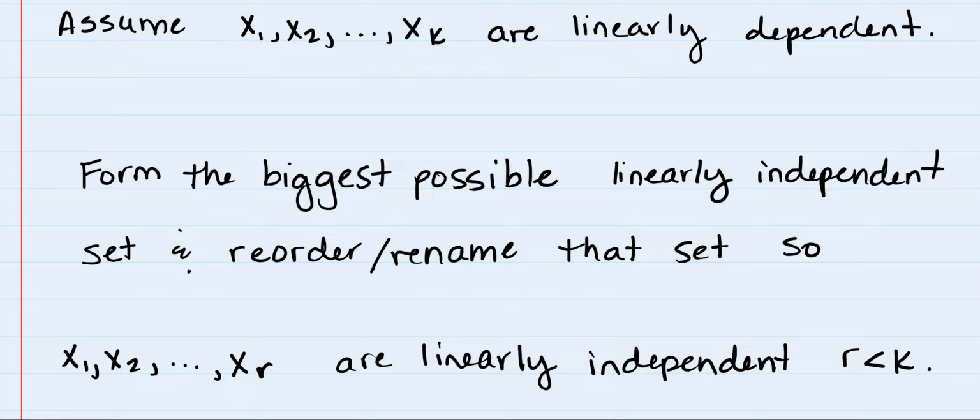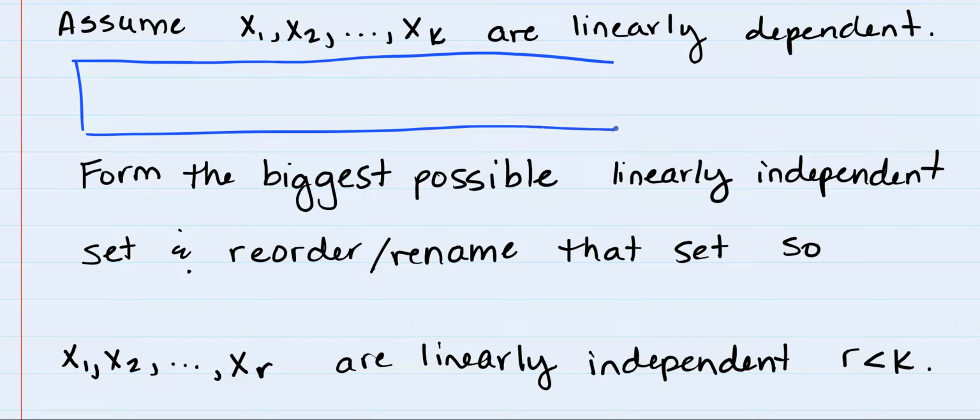So let me go back through that real quick. Let's say you have the vectors x1, x2, x3, x4, x5, and x6. So it's 6 vectors because you have 6 eigenvalues.